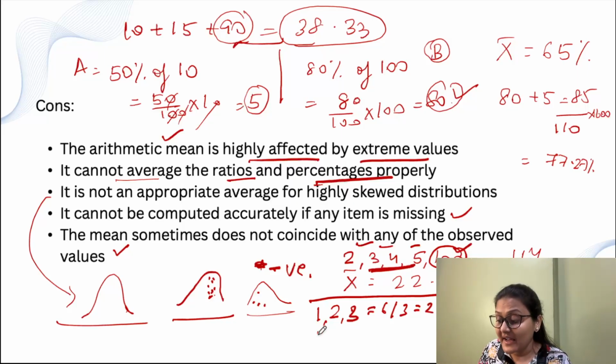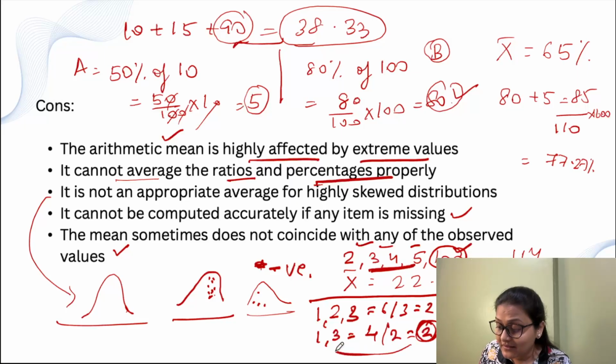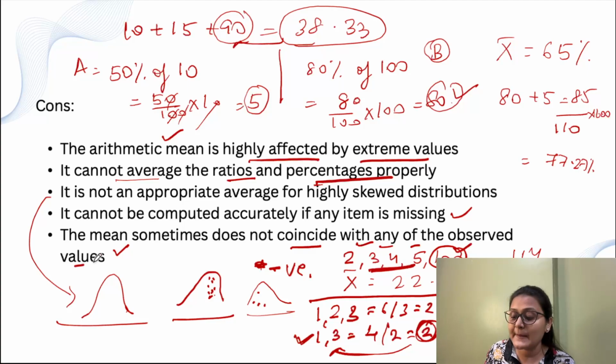And if the data is 1 and 3, now how will the mean be calculated? 4 divided by 2, that is 2. But we are not having 2 in our data set. In the data set we only have 1 and 3. So it does not represent the data. The mean sometimes does not coincide with any of the observed values in the data set, right?